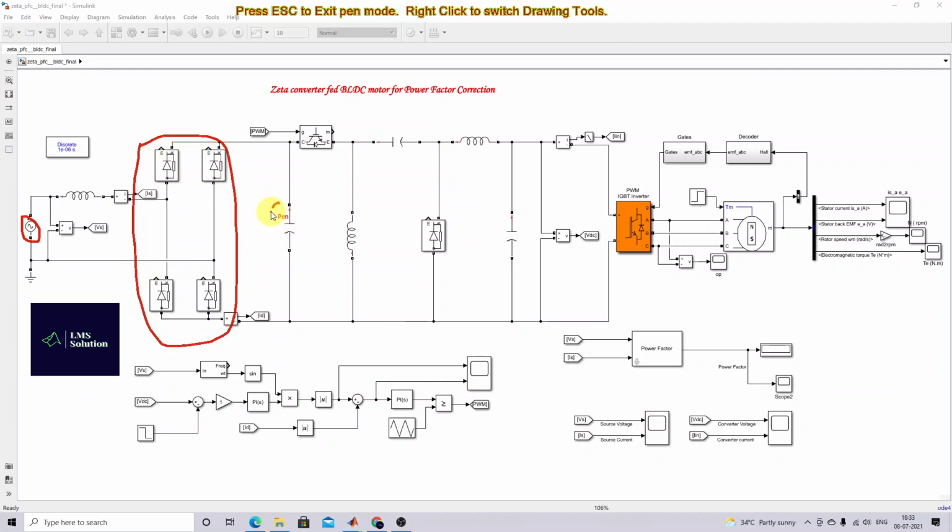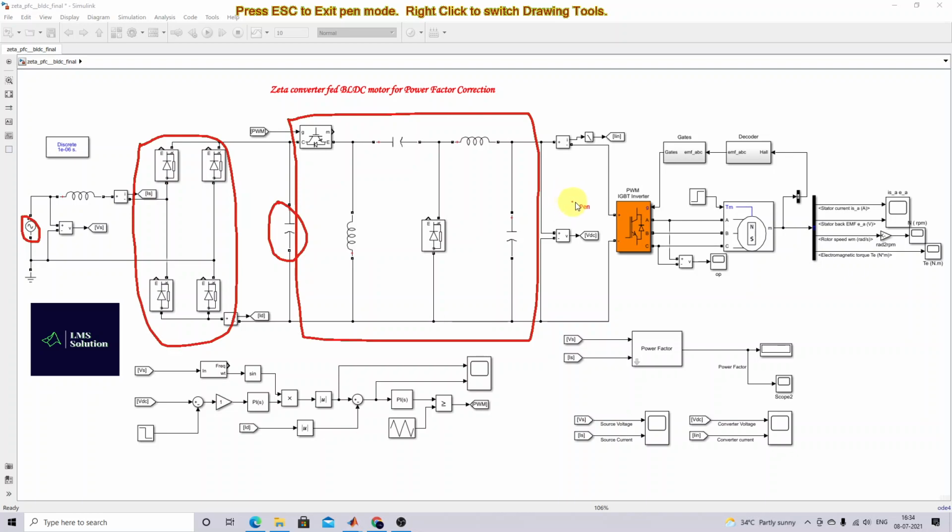Then we are using a capacitive filter to convert the full wave rectifier output into DC, VDC. After that we have used the theta converter, this arrangement known as the theta converter.